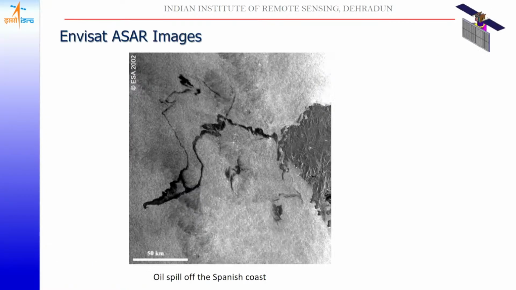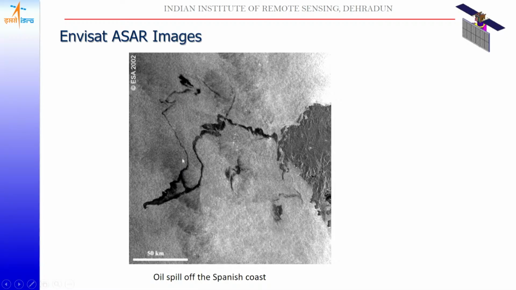So you can see this is the ENVISAT SAR image, which is showing the oil spill off the Spanish coast. You can see in this image the dark signal, which has very much specular reflection due to the oil spill. And if any wind is blowing over the ocean, then the ocean will have somewhat higher backscatter. So you have very low backscatter against the background of high values of the ocean.